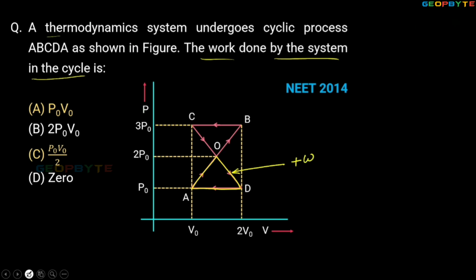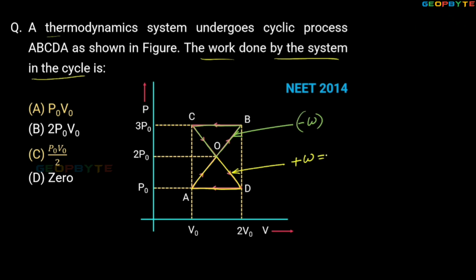Whereas the other cycle, let me mark it, is in anti-clockwise direction. The cycle in anti-clockwise direction is for a power consuming system. For this cycle, work equal to negative work. First, let us find the positive work.